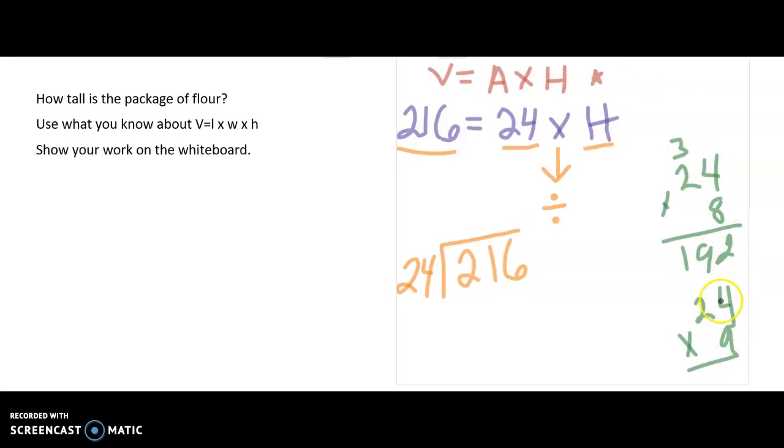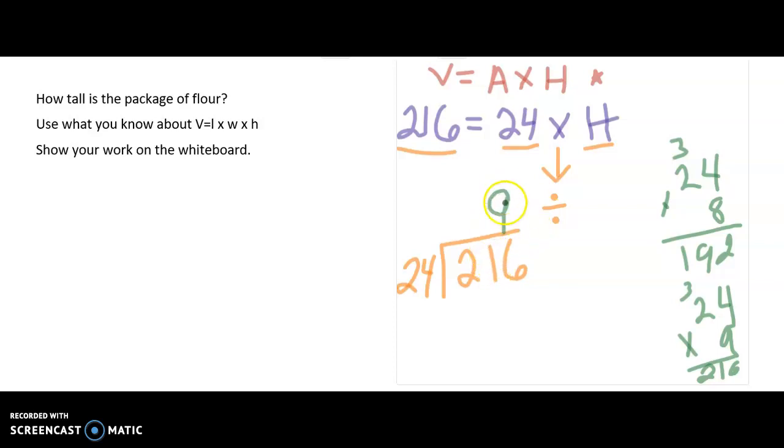There we go. So 9 times 4 is 36. Carry my 3. 9 times 2 is 18, plus my 3, 19, 20, 21. Oh, look, it's 216, and that's exactly what I need over here. So 24 can go into 216 9 whole times.